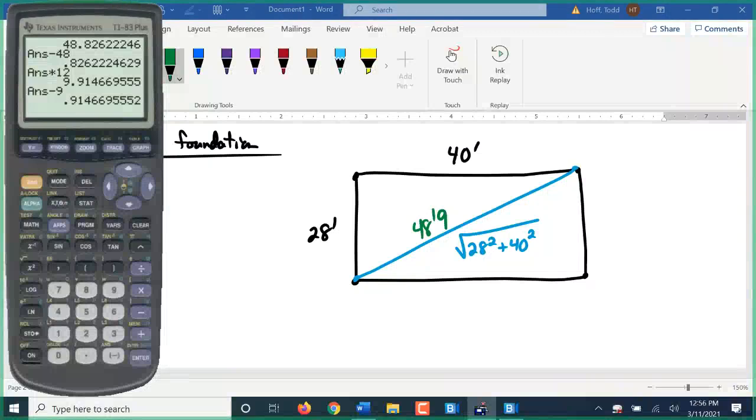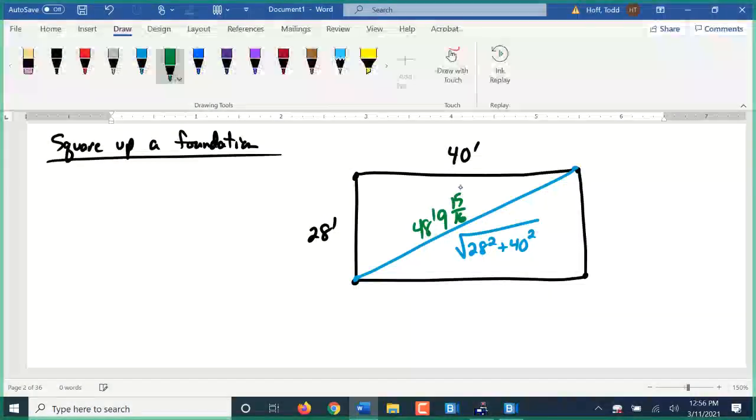Actually, for many people, the nearest 1/8 inch is close enough, but we're going to go to the 16th. Giving me 14.6, which is 15 sixteenths. So squaring that up, I would measure across there as 48 feet, 9 15/16 inches should be my corner to corner distance setting up that foundation.